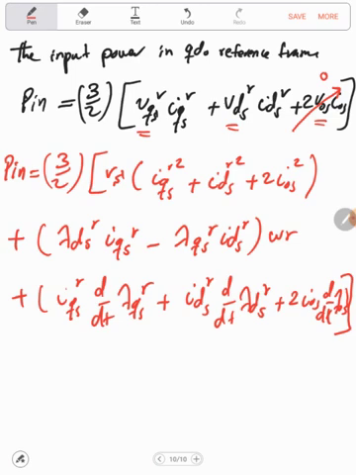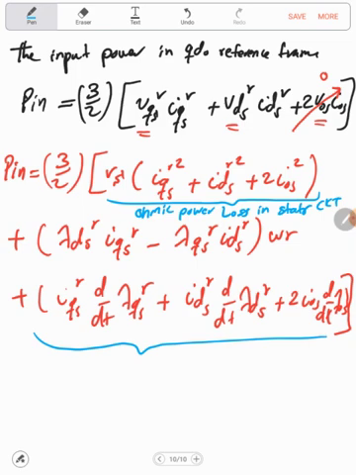Now, let's see. Simply, this term here is the ohmic power losses in the stator. And this term here is the change of the stored energy.